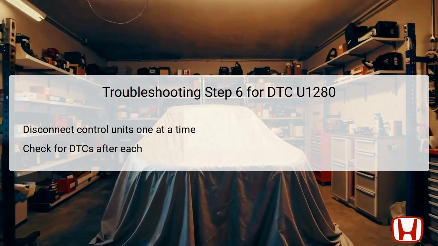In this step, proceed to disconnect the control units listed sequentially, which may include components such as the rear MyQ, power window master switch, gauge control module, and others. After each disconnection, it is crucial to clear the DTC and then check for persistent DTCs with the HDS. This procedure helps in pinpointing which control unit might be failing and causing the communication bus error.